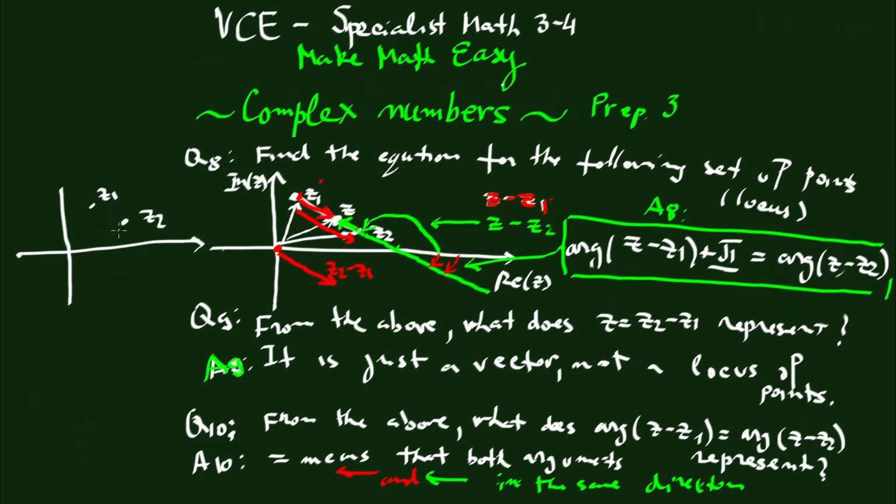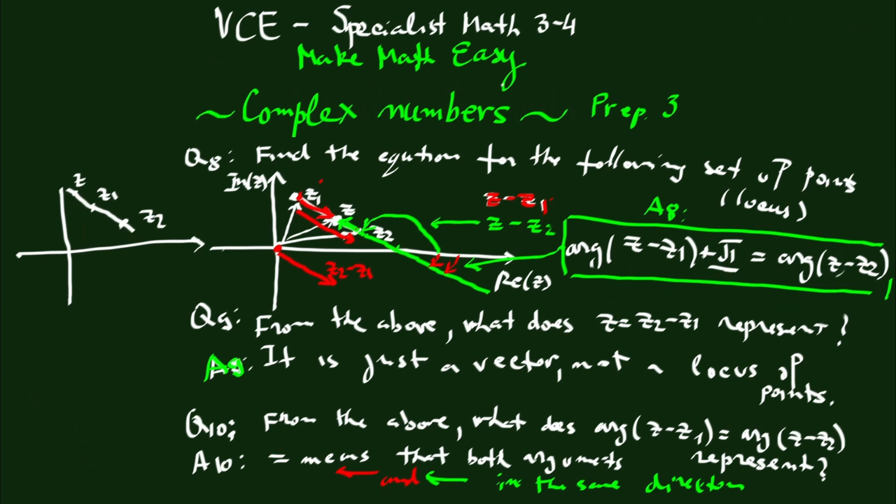So you have z, if you put z here, then you can see what happens. They are on the same line, they're collinear. That means that the arguments are the same, but the direction.